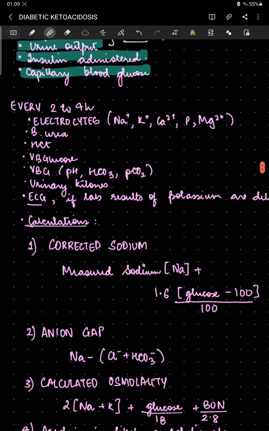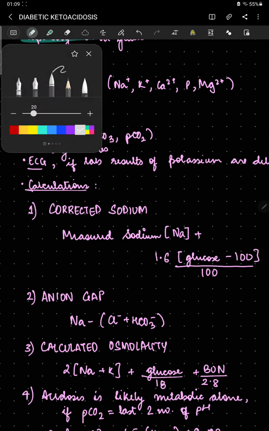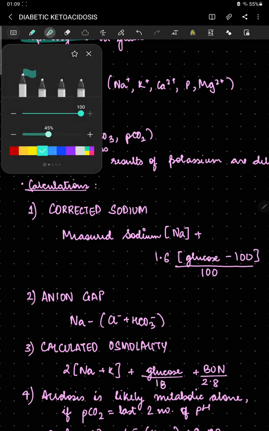Now, every 2 to 4 hours, there are certain investigations that you should send. These are feasible in certain settings, not feasible in others. Ideally, these have to be done every 2 to 4 hours, right?